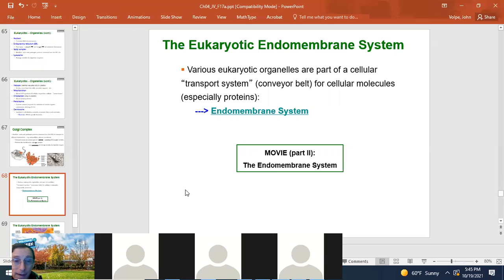The endomembrane system is made up of various eukaryotic organelles which work together to make, transport, and deliver largely proteins, but anything the cell is making, from their site of being made to their final resting site. Any question about any of that?